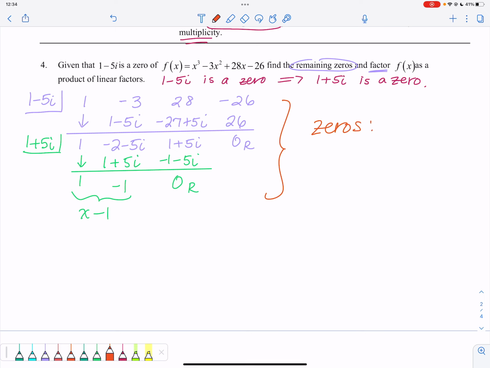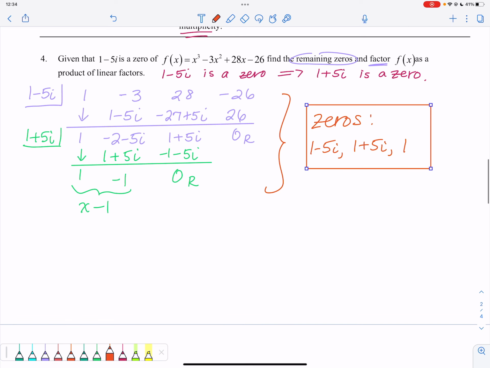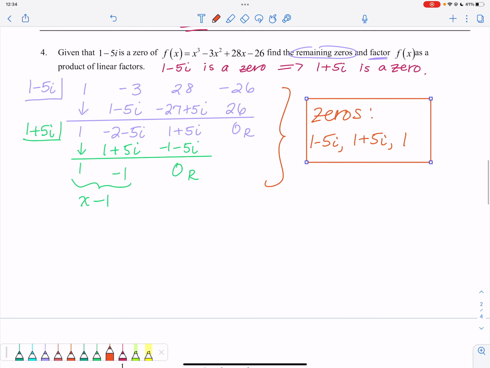We have 1 minus 5i, 1 plus 5i, and what would that 0 be? It would be a 1, because that factor x minus 1, of course, would give us the 0 of 1.